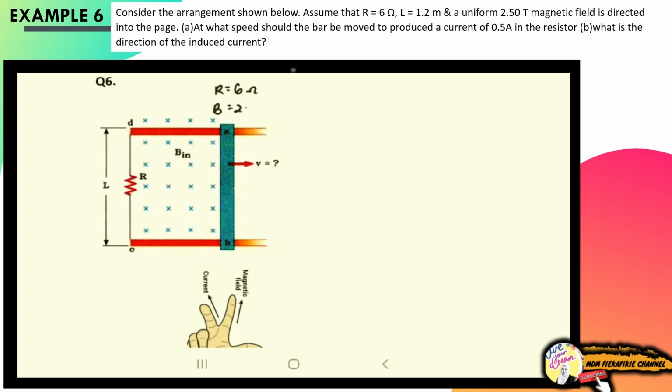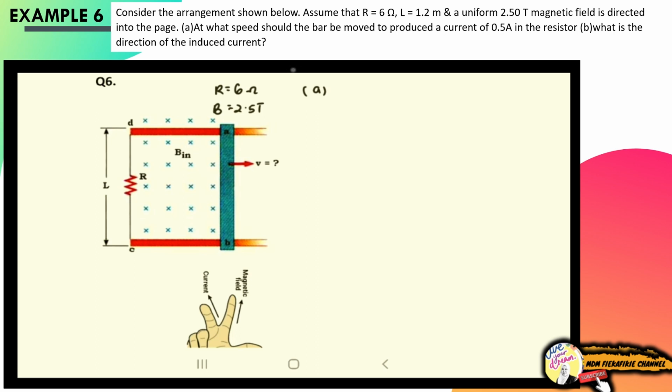So B is 2.5 Tesla, directed into the page. Alright, so A, we want to calculate at what speed should the bar be moved to produce a current of 0.5 ampere in the resistor.